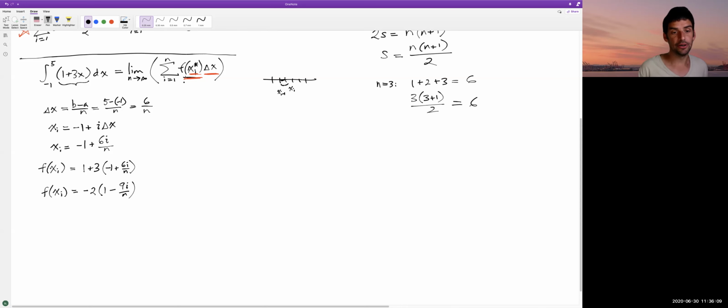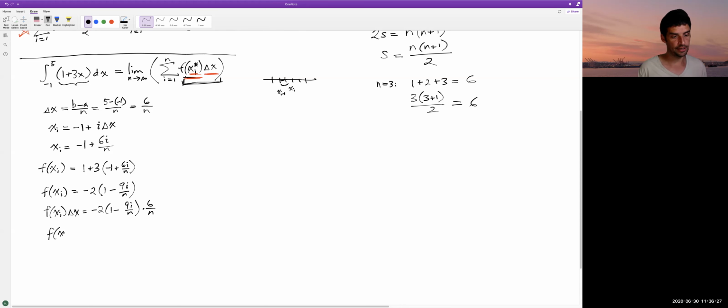Now I'm going to put these things together. I'm going to put f of x sub i and delta x together. f of x sub i times delta x is just this thing times delta x, which is 6 over n.